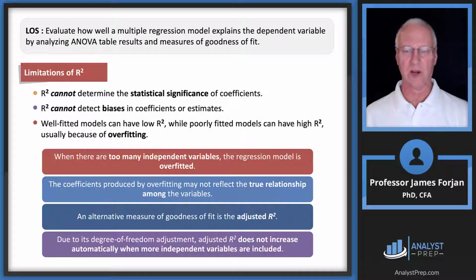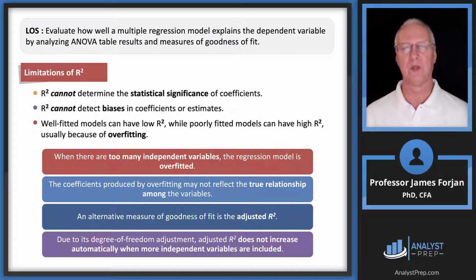Now, of course, R-square is not perfect. Remember that we talk about the limitations of regression analysis, and these are terrific exam questions. So what don't we like about R-square? It measures a goodness of fit, there's no doubt about it. But there is no statistical test for an R-squared like there was in the previous module, and back in level 1, where we did a t-test, a chi-square test, an f-test, and a z-test.